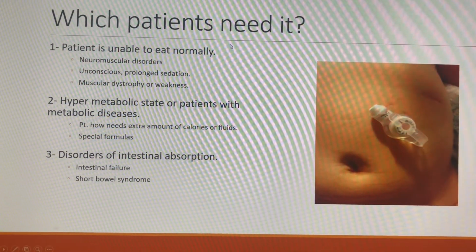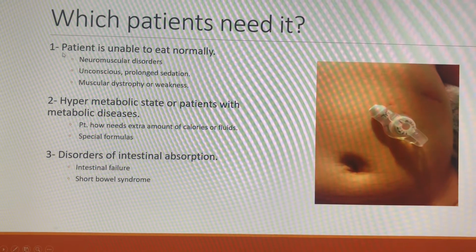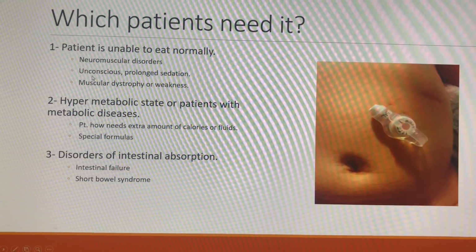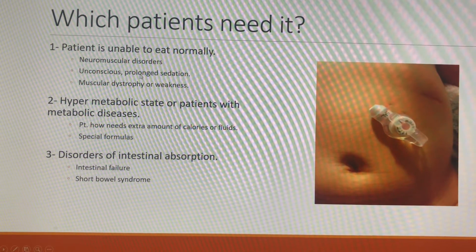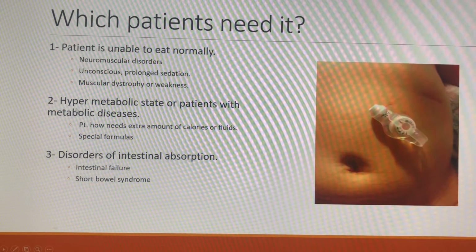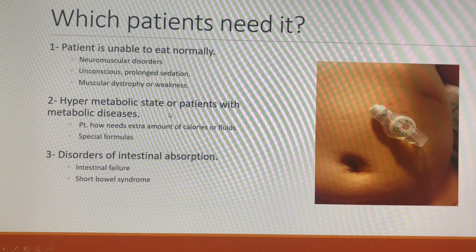Which patients require the gastrostomy tube? It's usually patients who are unable to eat normally due to neurological or muscular disease, or patients who are unconscious or sedated for a prolonged period of time. The second category is patients with hypermetabolic status or metabolic disease.